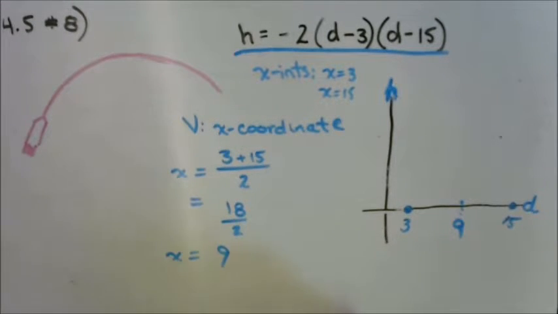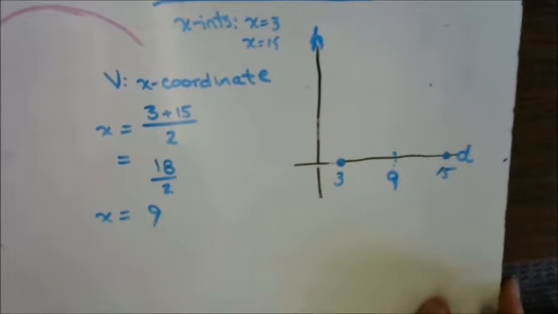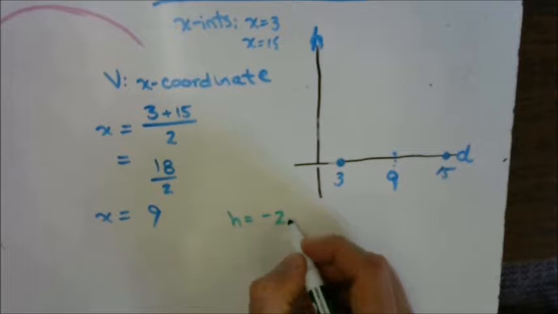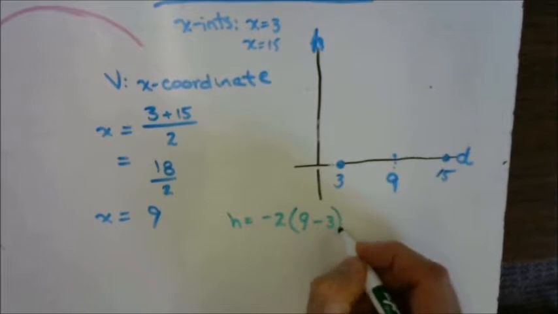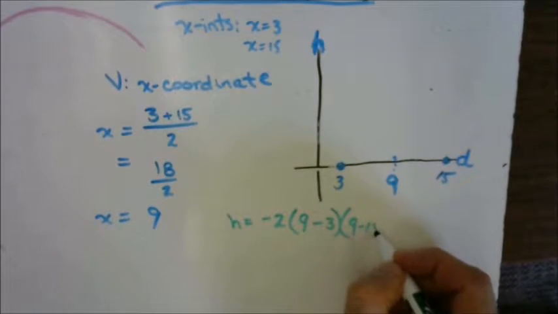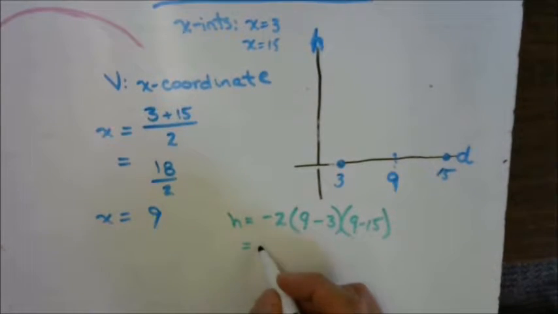So all I need to do, I'm going to slide my board up. It's not really convenient, but all I need to do is find out what happens to h when d is 9. So everywhere I see d, I'm going to sub in 9. And then according to my order of operations, BEDMAS, I'm going to do some algebra on this.